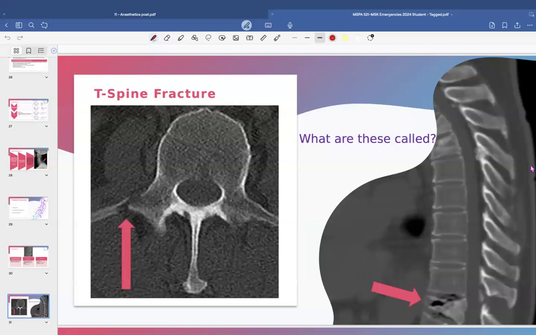So peeking over here, this isn't the best example, but what do you think that one is? Compression or burst? From this one single view, which you're never going to look at, what am I going to put next to these? I'm going to put a cut like this. But from this single view, it looks like the posterior alignment is intact, so I'm going to say compression fracture.